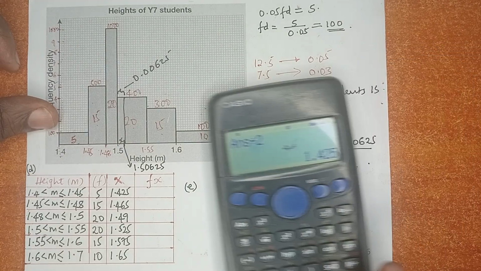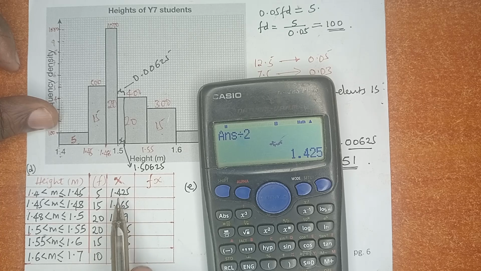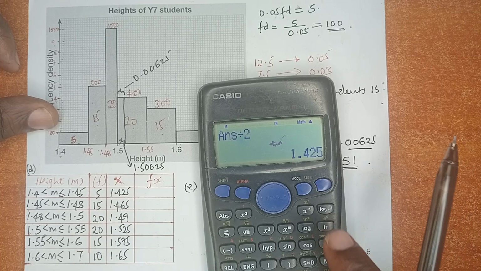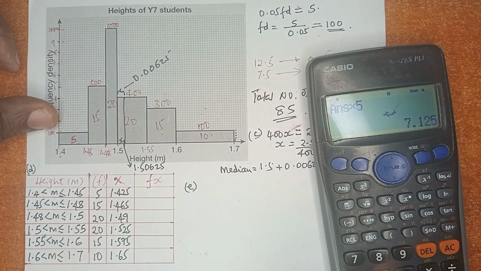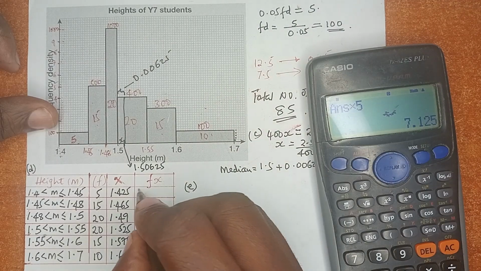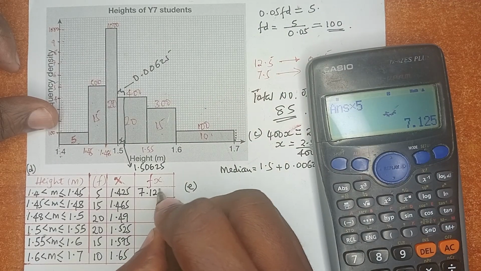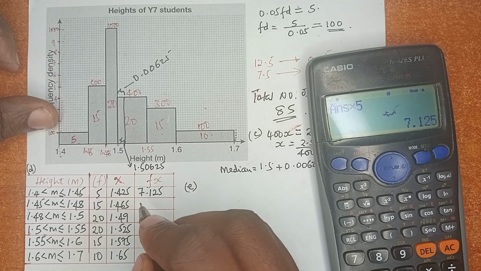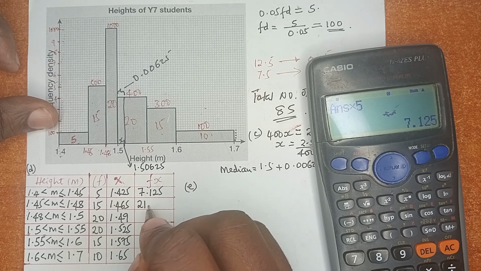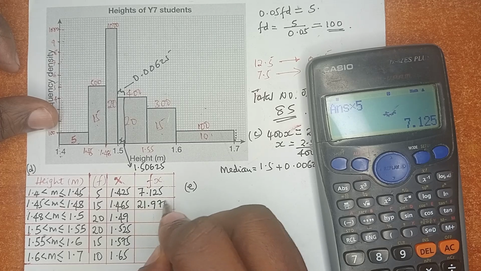What about the column of fx? It is the x multiplied by the f. For the first class, 1.425 times 5, which is the frequency, you get 7.125. For the second class, 15 times 1.465, just find out whether it is 21.975.